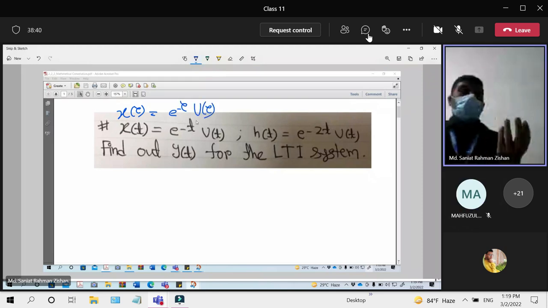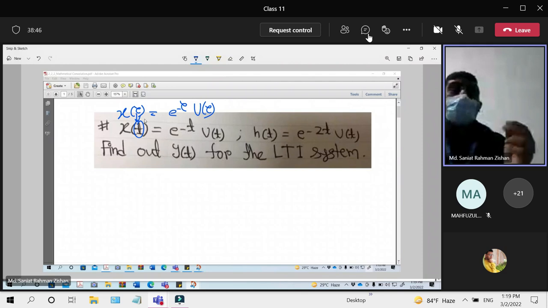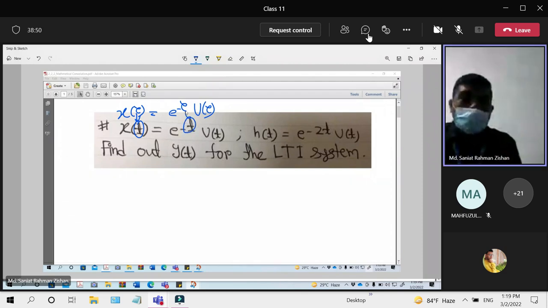So the function xt is given, you need to find x tau. What will happen? t will be replaced by tau. This t replaced by tau, again this t replaced by tau. So you have got the value of x tau. ht is given, you need to find ht minus tau.